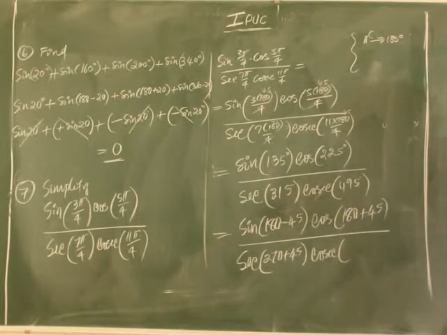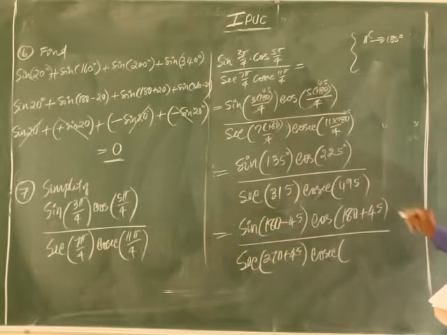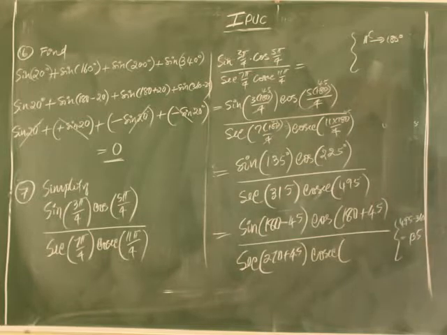Cosecant: the angle is more than 360, so 495 minus 360 is 135.